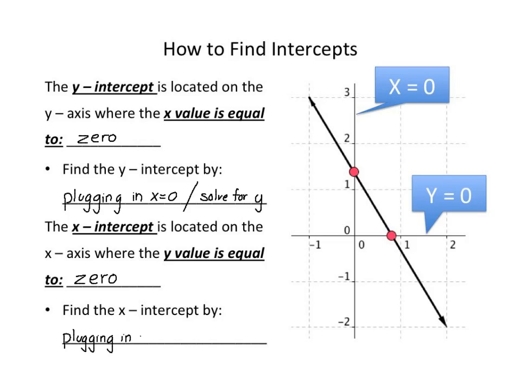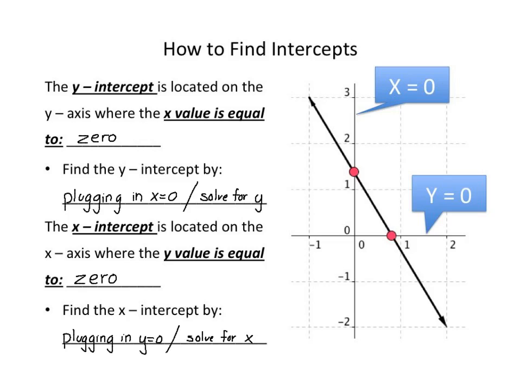Since I know y is always 0, I can assume that's true for all values. Plug in y equals 0, and then all we need to do is solve for x, and that value will be our x-intercept.